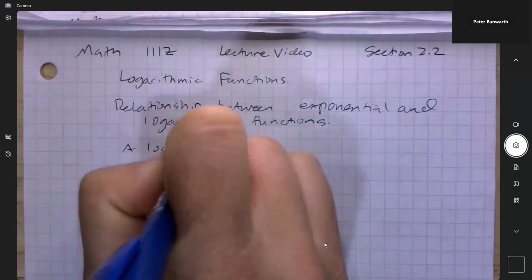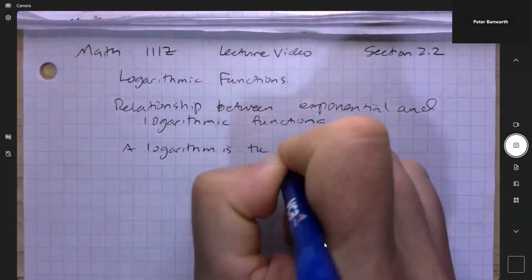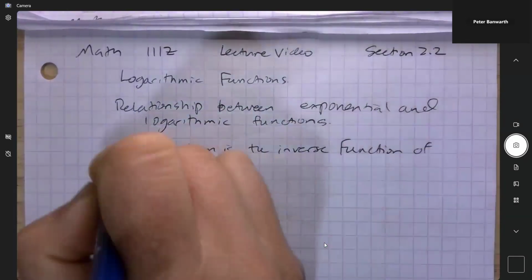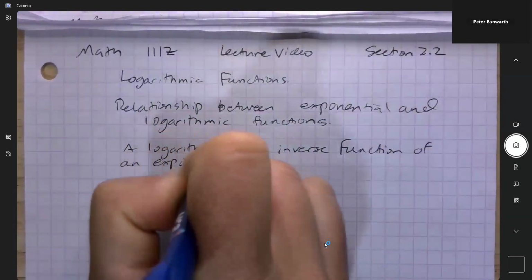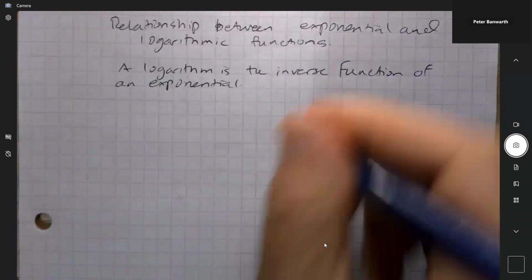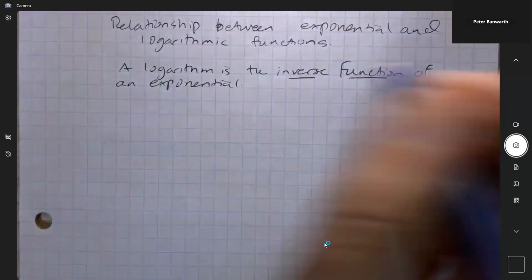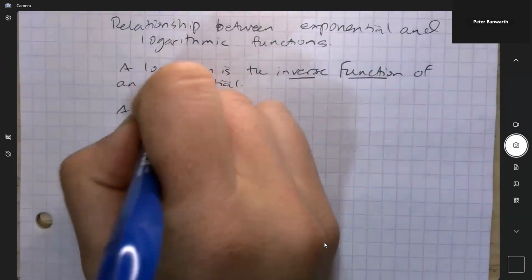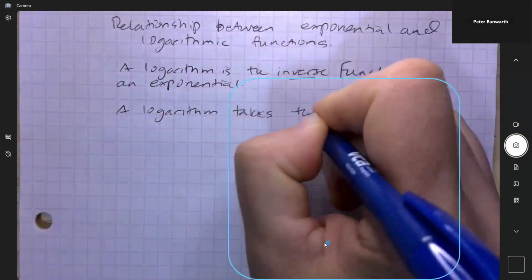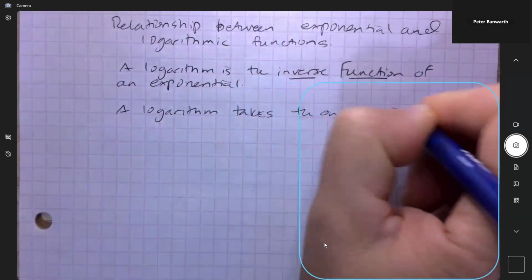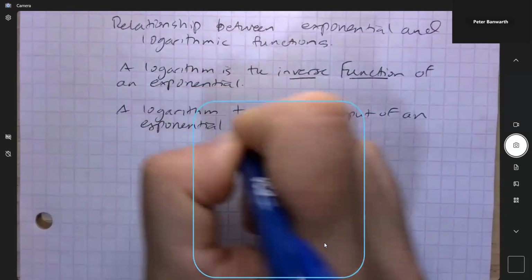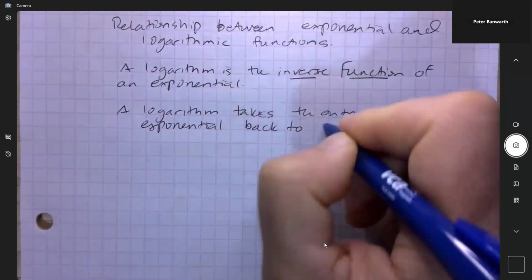A logarithm is the inverse function of an exponential. What that means is a logarithm takes the output of an exponential back to the input.